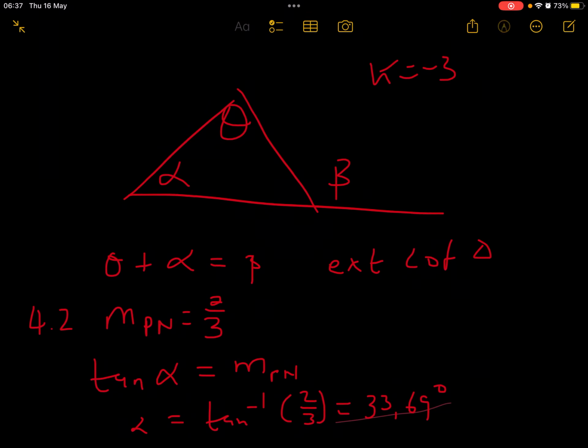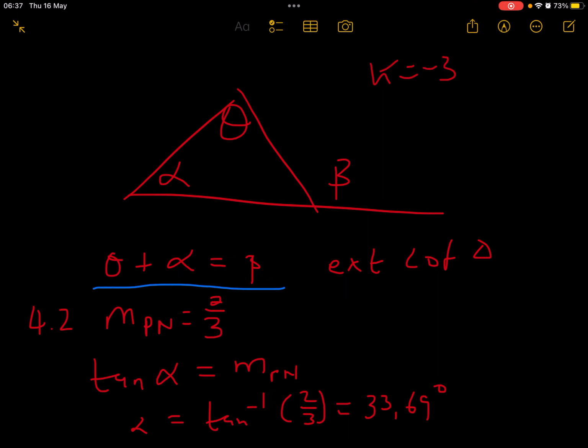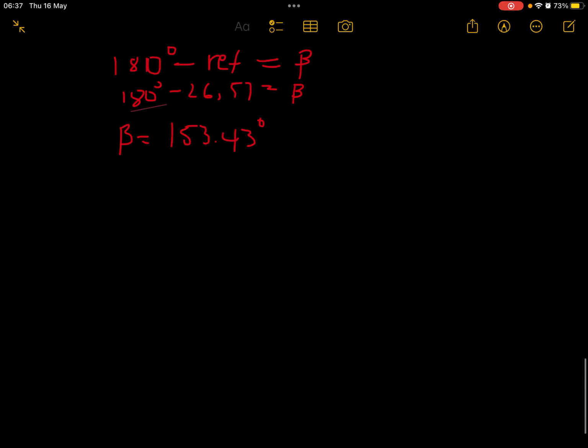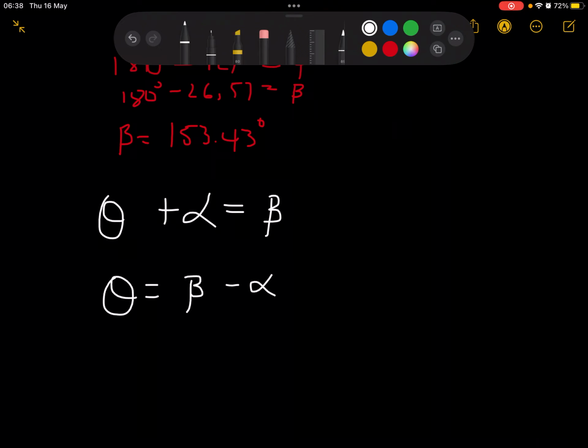Now remember, we gave this equation that says theta plus alpha is equal to beta. Now we're looking for theta, which is equal to beta minus alpha, and you calculated beta to be 153.43 degrees.